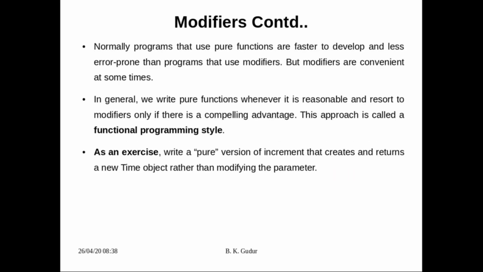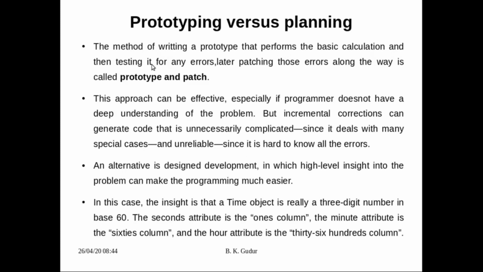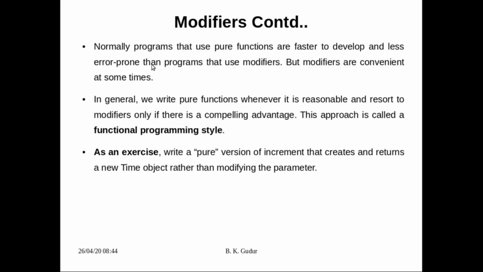Okay, so normally programs that use pure functions are faster to develop and less error prone. One of the important things is that writing a program using pure functions is faster to develop and less error prone, because if it's a modifier, so many functions might be modifying that object. Because of that, it may not be possible to keep track of which particular functions are modifying and which are not.